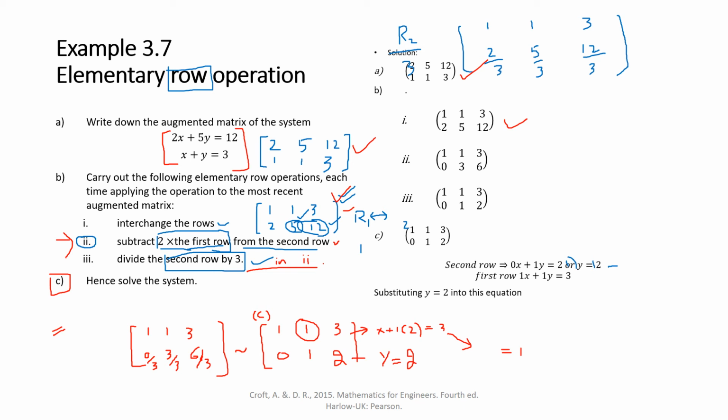Okay, substituting y equals 2, this y equals 2 is here, which is here, and then x equals 1. So the answer is, it has a unique solution, x equals 1, y equals 2.